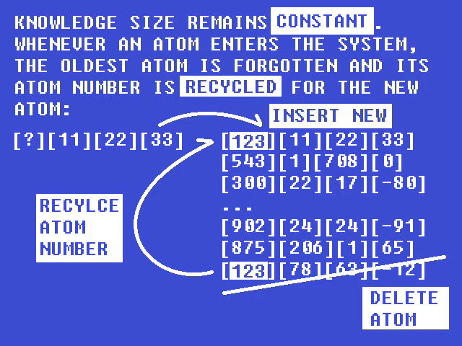The atom numbers, pardon me, the atom numbers are recycled. There's just one constant size of the knowledge array, and when a new atom is learned, for instance this, with the left atom 11, the right atom 22, and the analogy value 33, then the oldest atom is deleted, and its atom number is reused in order to signify the new atom.